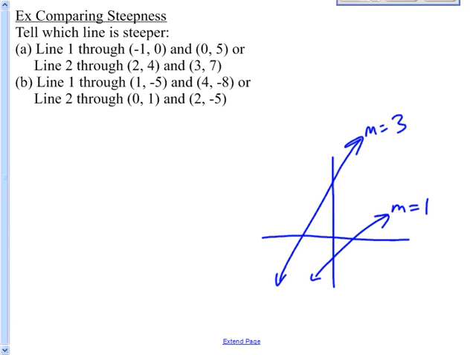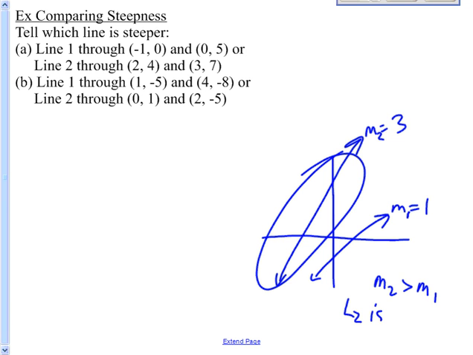If they're both positive slopes, you can compare them. Let's call this slope m subscript 1, slope 2, m subscript 2. This line is steeper because m2 is greater than m1. So there you would say that line 2 is steeper.